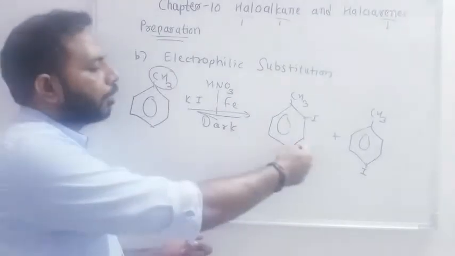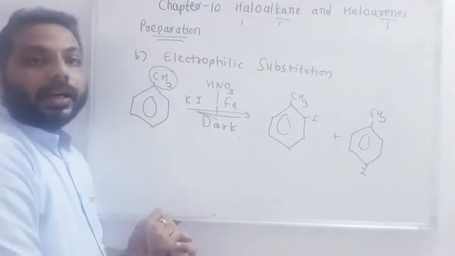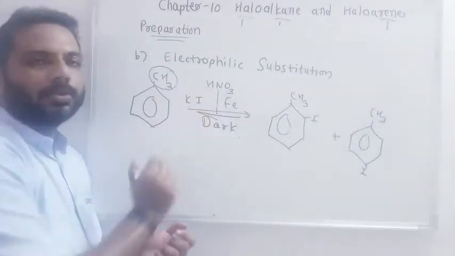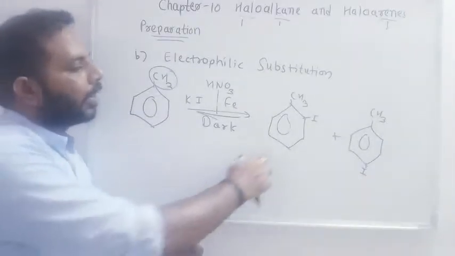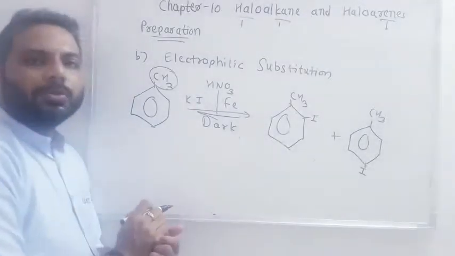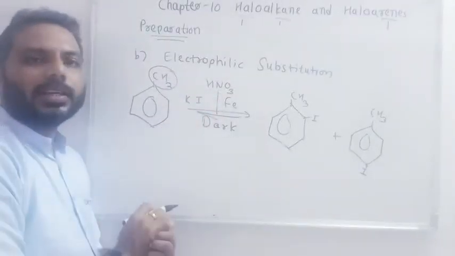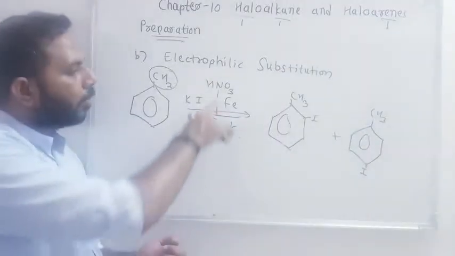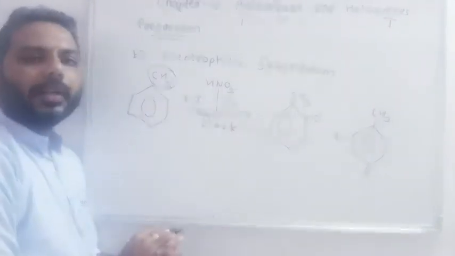So we will get product in less amount, and to overcome this limitation we have to use an oxidizing agent like HNO3. So toluene will react with KI or HI in presence of HNO3 and we will get iodine-containing products.